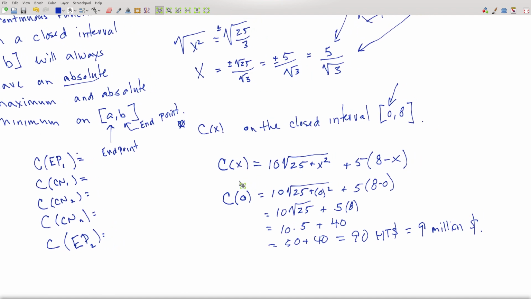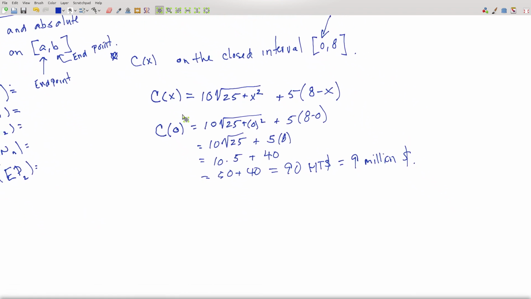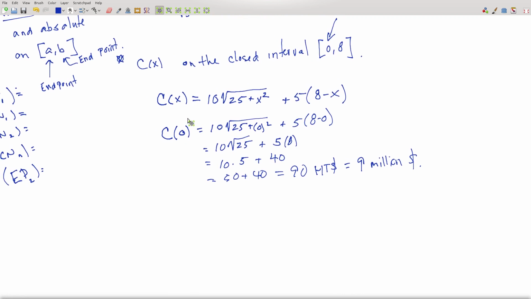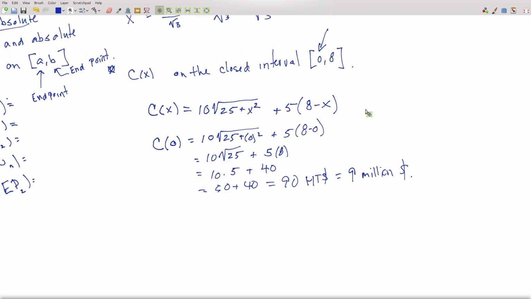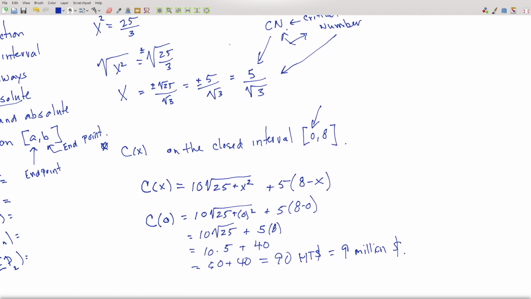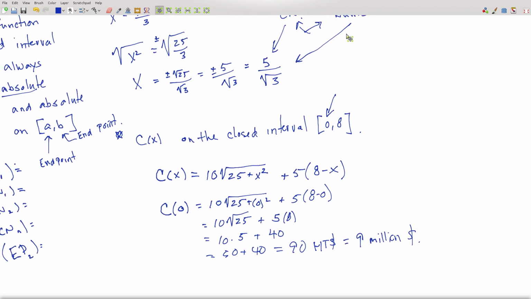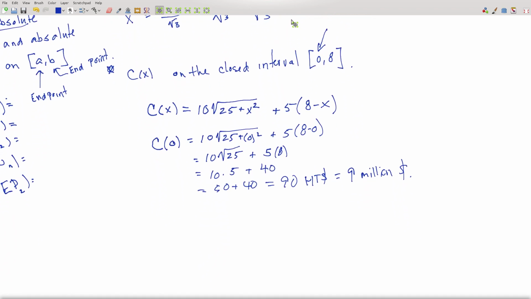Now we have to evaluate the function at any critical numbers that are between the endpoints. So are there any critical numbers between 0 and 8? Yes. The 5 over the square root of 3 is between 0 and 8. So I'm going to evaluate the function there.